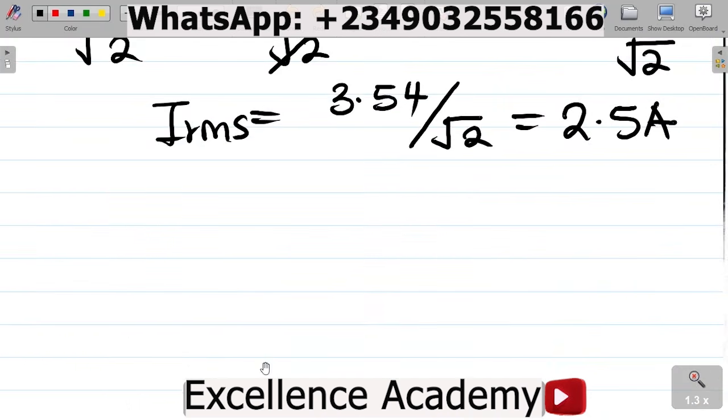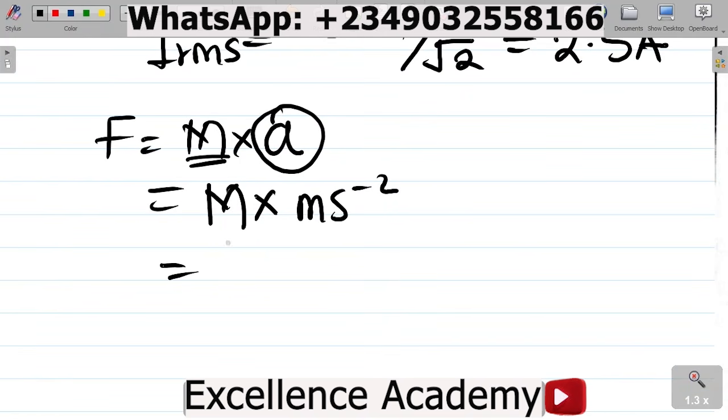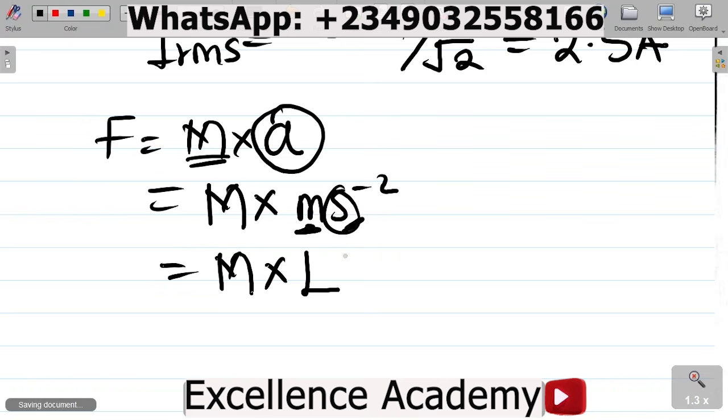Recall that for force, F, force is equal to mass times acceleration. If I want to bring in units, we said force is in Newton, but if you break Newton down to its lowest unit, mass here is capital M times acceleration, which is measured in meter per second squared, so m s to the power minus 2. Small m is meter, and meter measures length, so L. s is seconds, and seconds measure time, so T to the power minus 2.